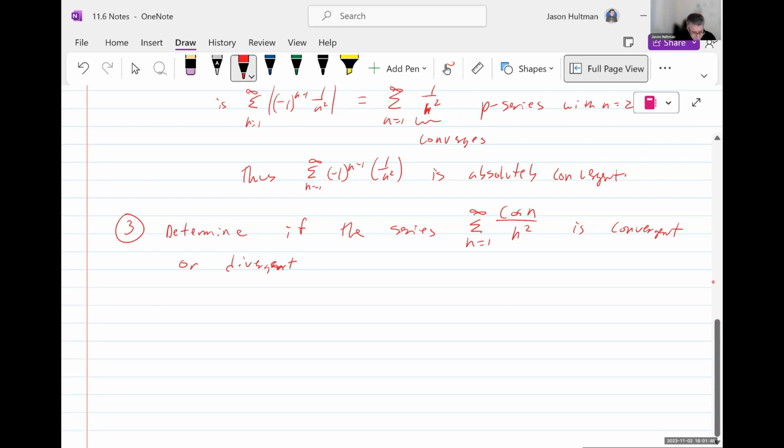And so if I can put absolute values and look at the absolute value of the terms of the series.